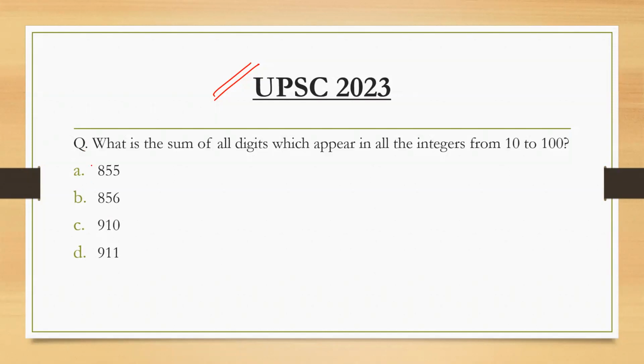You'll get the answer. Okay. So the answer is 856. Again, break it down. 10 to 19, 20 to 29, 30 to 39, like this. Okay. So it will be 90 to 99, finally 100. Okay. Chalo. Now, if this is clear, come to the next.